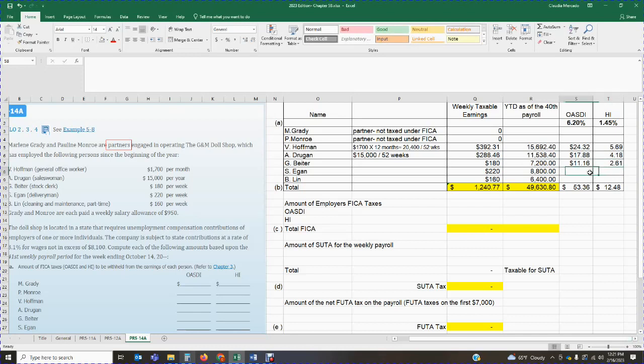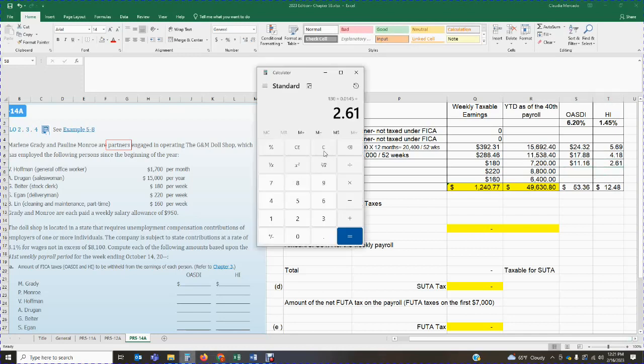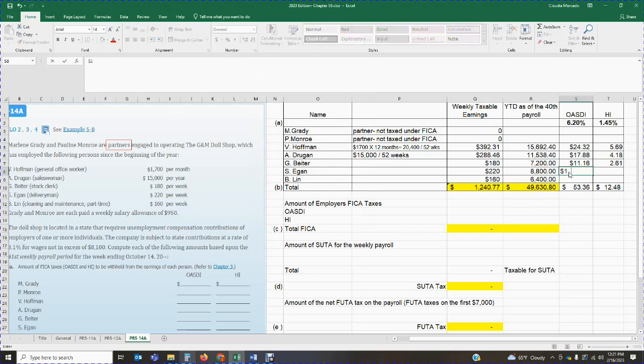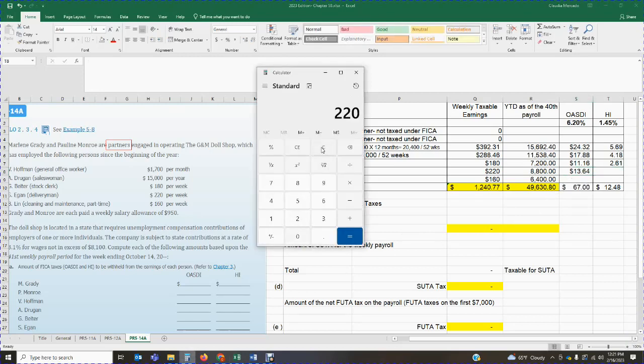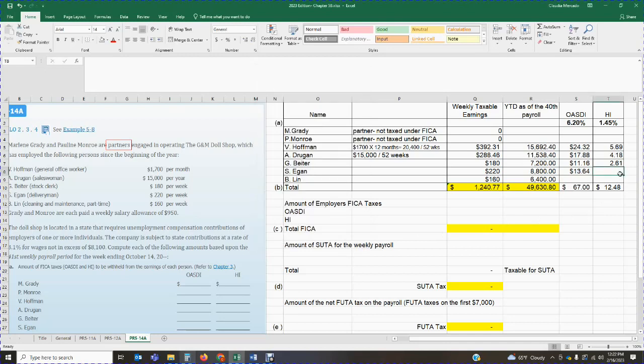Next, we have 220 times 6.2%, which gives me 13.64. And then 220 times 1.45% gives me 3.19.